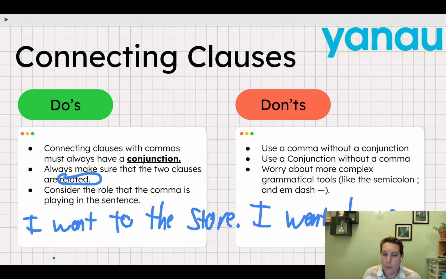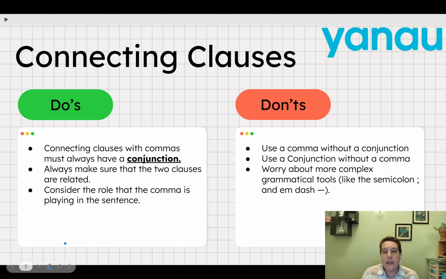If I said, but I went home or and I went home, it doesn't really make sense. These two are not connected. You want clauses that are connected based on whether they relate to each other. If it's I went to the store and then I bought something, or I went to the store and there I met my friend, those are connected. But if you have two entirely unrelated clauses, then you just write each of them as different sentences.